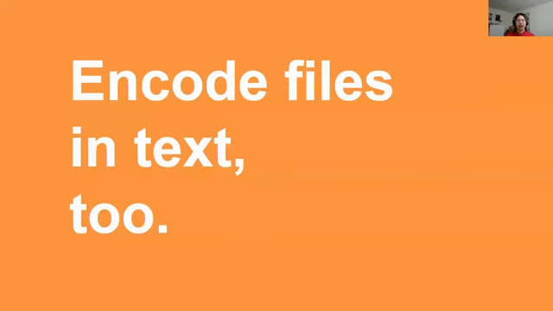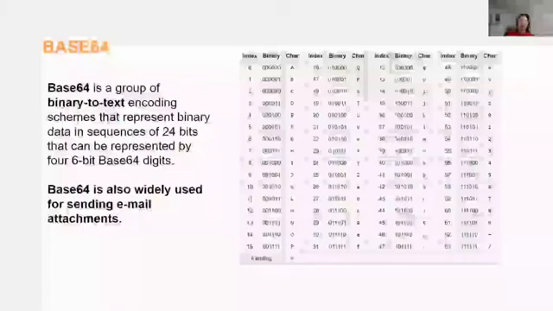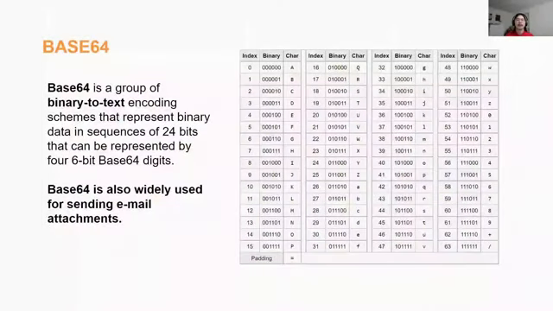So now we can encode pictures, and by now, other files, right? Zip, movies, perhaps MP3, all sorts of things we can think about, just arbitrary binary files. You can do them in this way or a similar way. One of the schemes, again, is called base64. It's a binary to text encoding scheme, for sending email attachments.